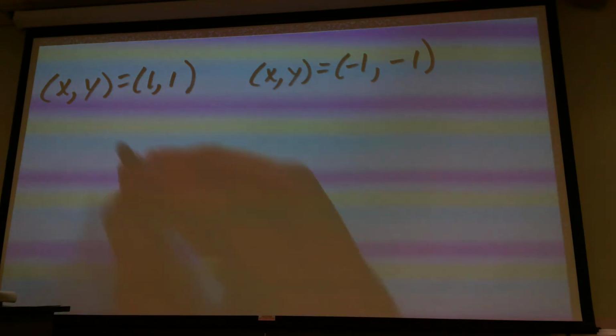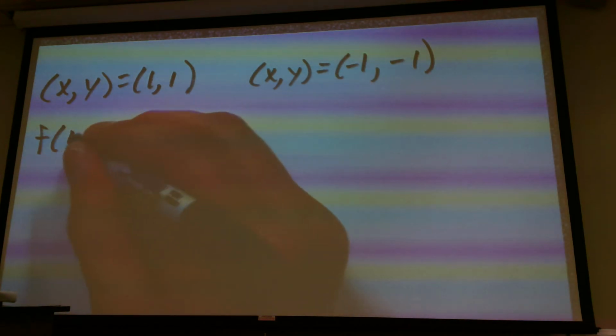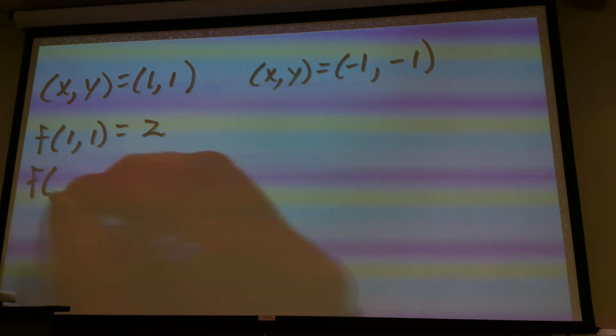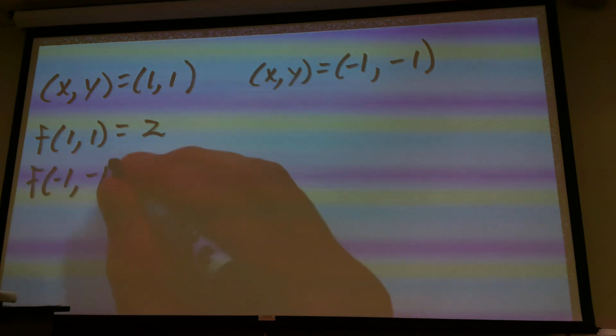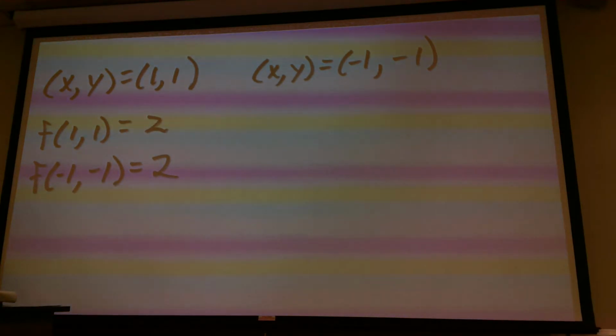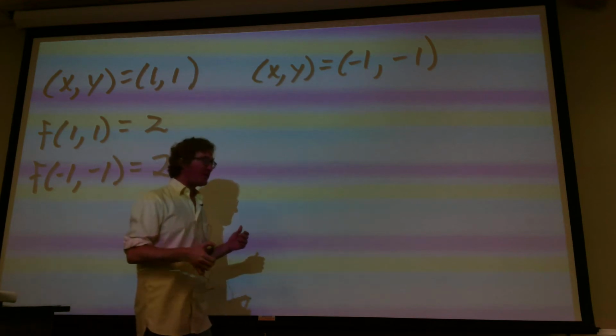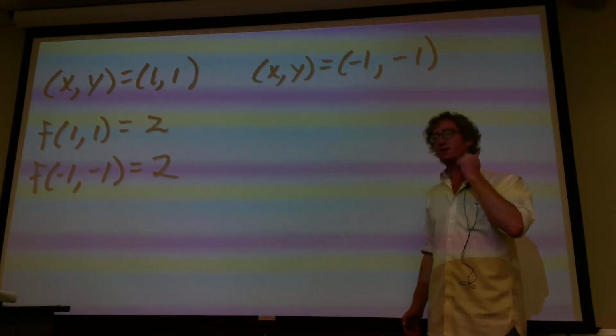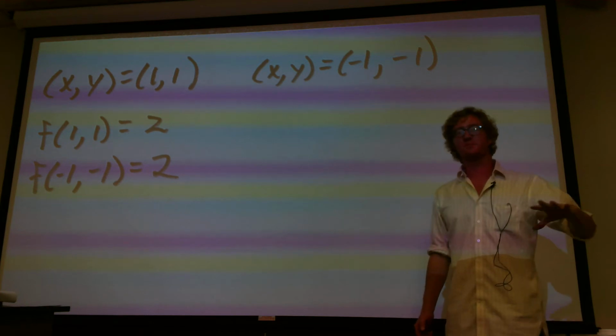Now f of (1, 1) would equal 2, and f of (-1, -1) will also equal 2. So then the question is, we found these points. Are they maximums or minimums?